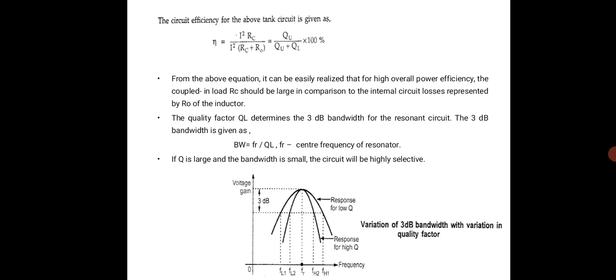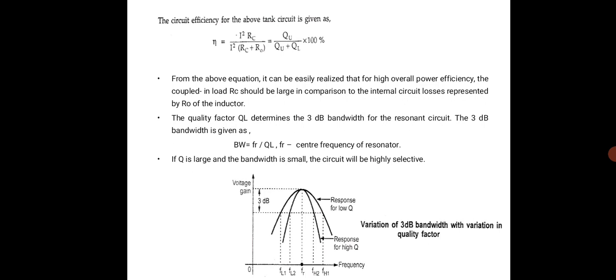The circuit efficiency for the above tank circuit is given by the above expression. From this expression we can realize that for high overall power efficiency, the coupled-in load RC should be large in comparison to the internal circuit losses represented by R0 of the inductor.